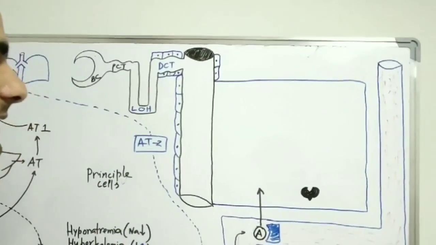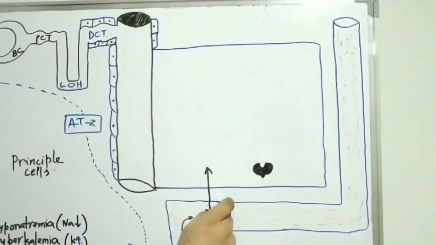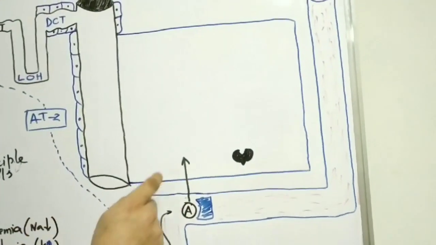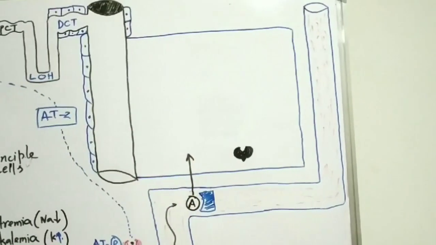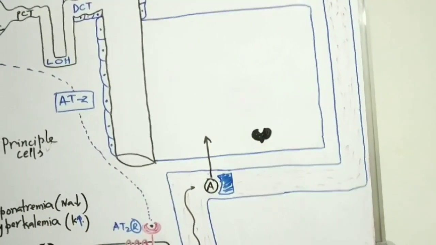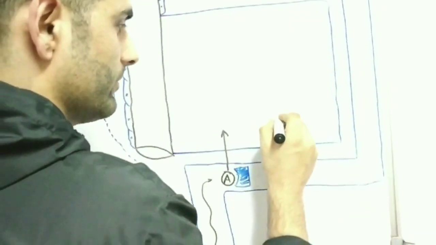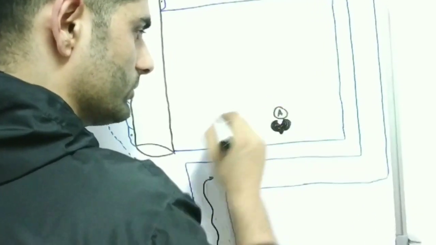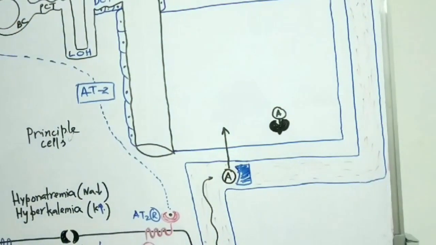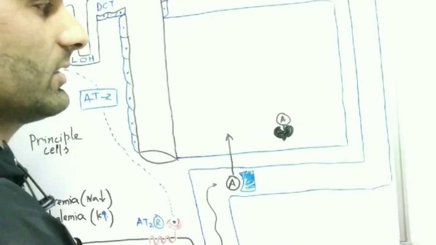But remember one thing, the receptor for aldosterone is not present on the surface of principal cells. Its receptor is present inside the cells. Here I have mentioned the receptor for the aldosterone. Suppose aldosterone will come and bind to the receptor. Now there is the formation of hormone receptor complex.